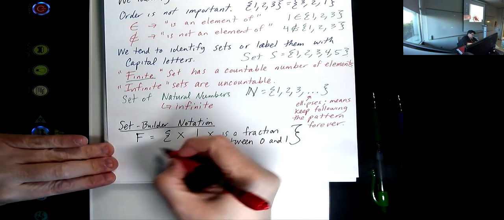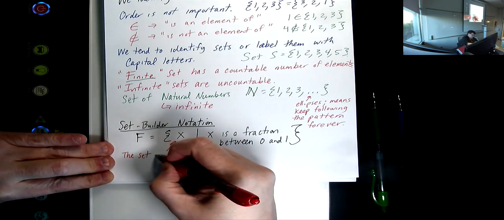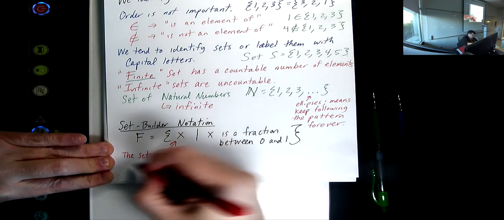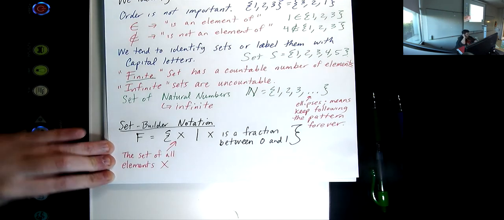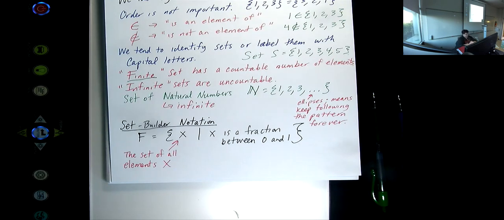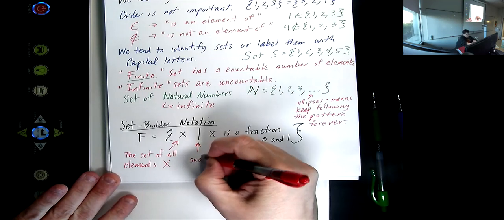So the first part is the set of all elements X. And X here is a variable or a placeholder. The vertical bar means "such that."